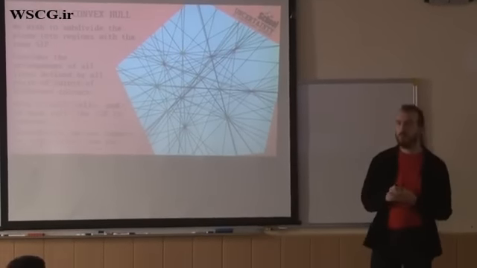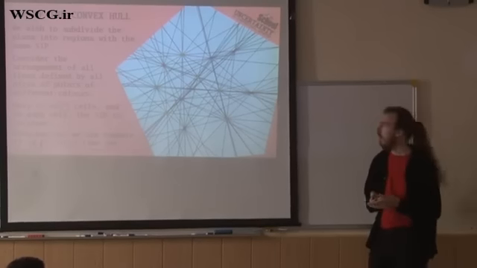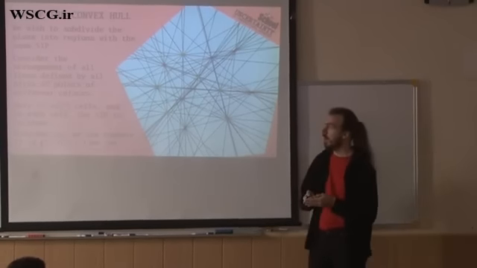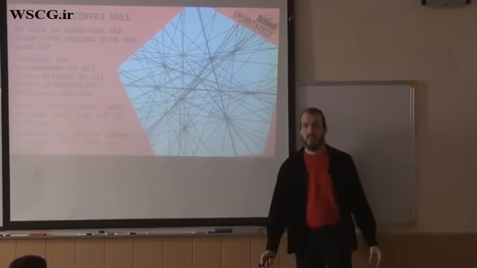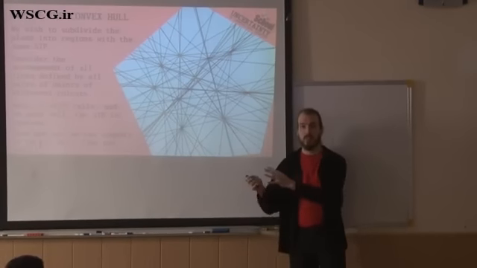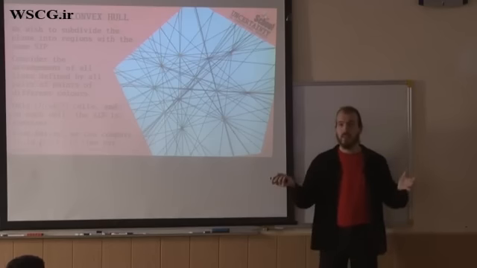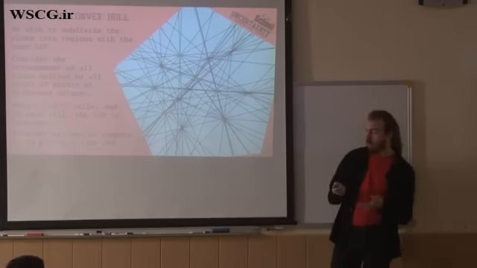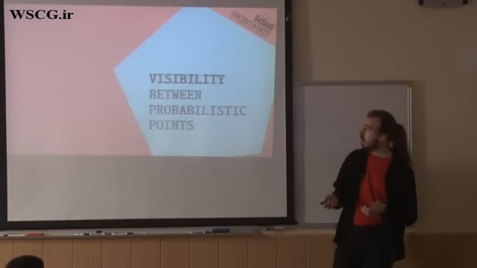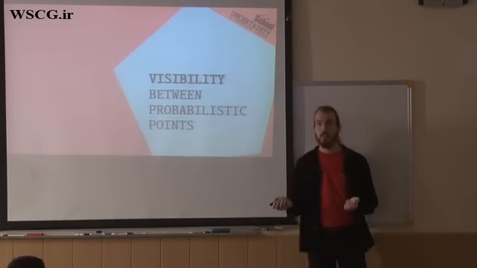Then I want to briefly also talk about, so far I've only talked about discrete probability distributions, and I said, well, if you have a continuous one, you can approximate it by a discrete point set using this epsilon quantization. But this doesn't work in every possible application.